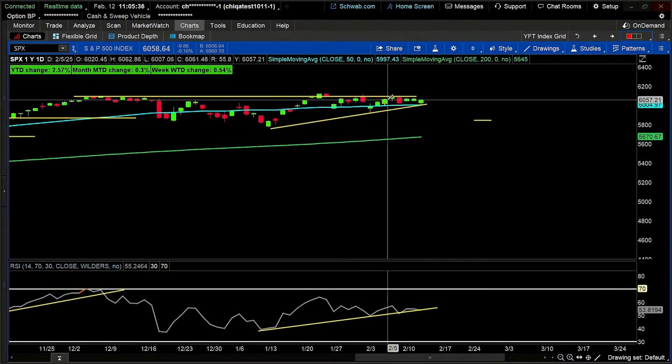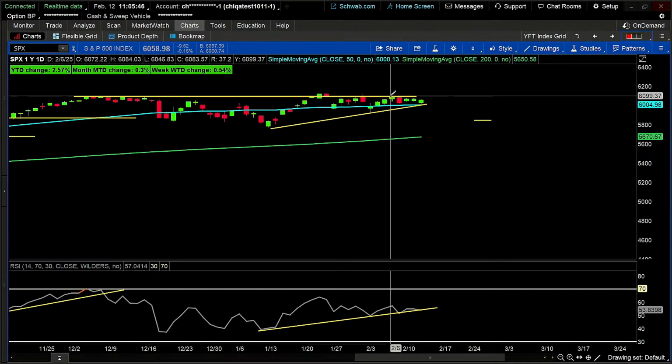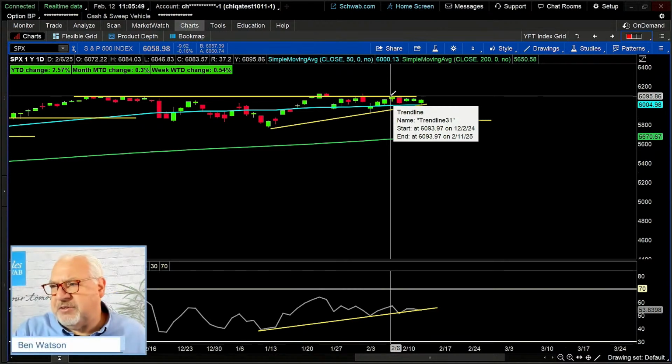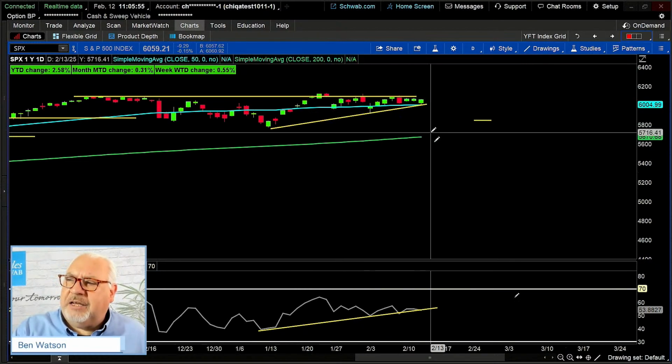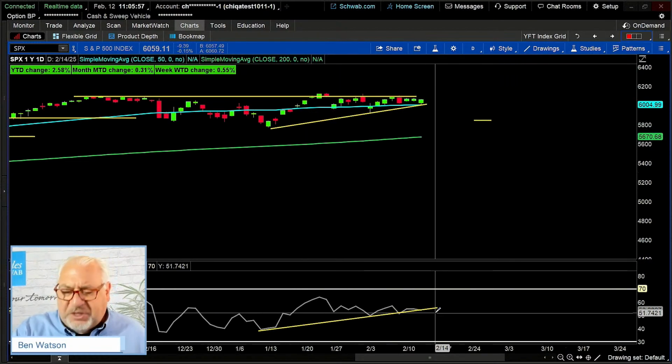So overall, it's creating this ascending triangle look. Maybe a bit of a symmetrical triangle, but a little bit of an ascending triangle scenario where we have this general overall resistance level, in this case up around the 6095, 6100 level or so on the SPX, and then this inclining level of support going along with the RSI.